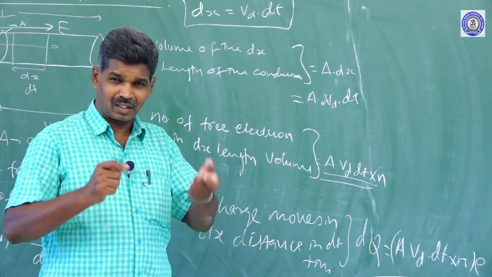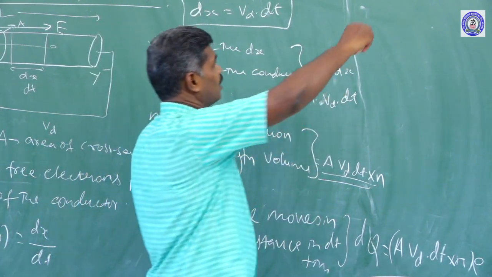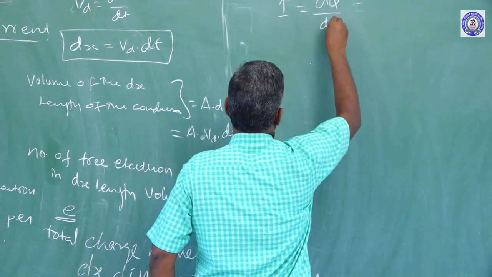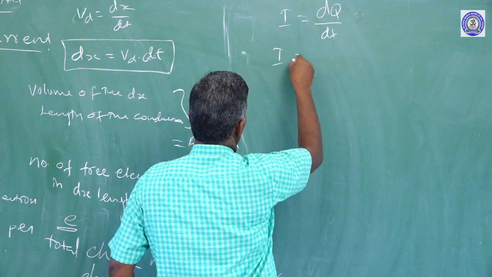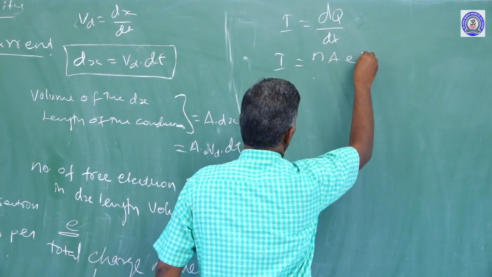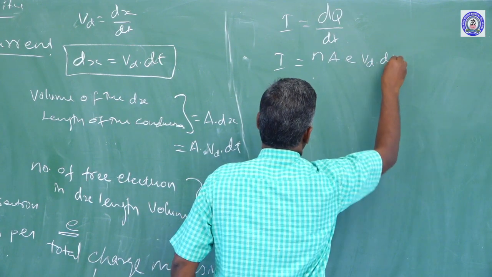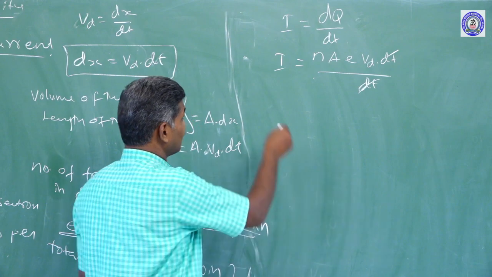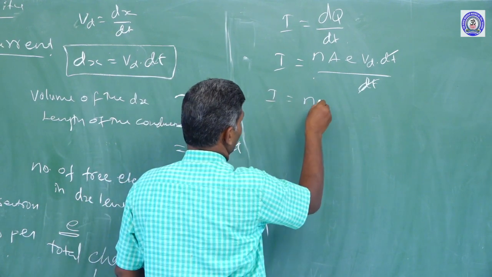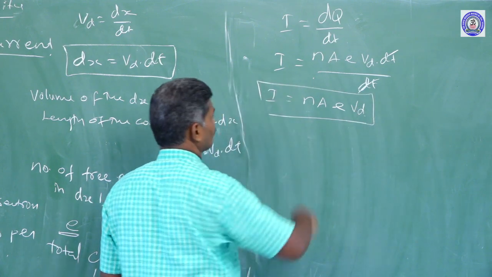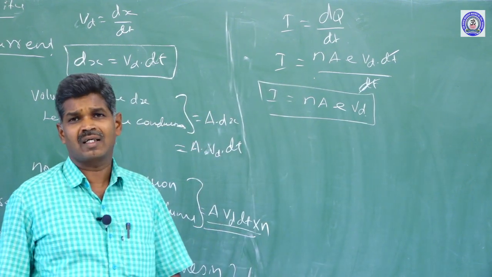Based on that dq and dt, we represent the current equation: I is equal to dq by dt. If you substitute the value for dq, that is n A e Vd dt divided by dt, dt cancels. We get I is equal to n A e Vd. This is the relation of current and drift velocity.